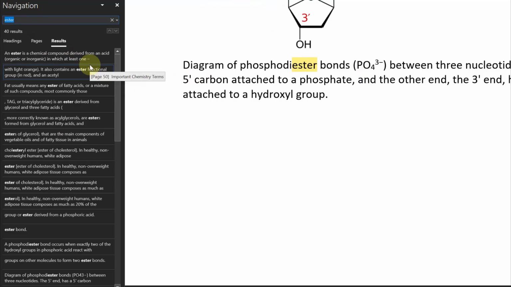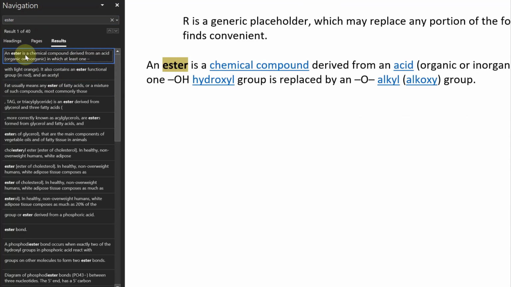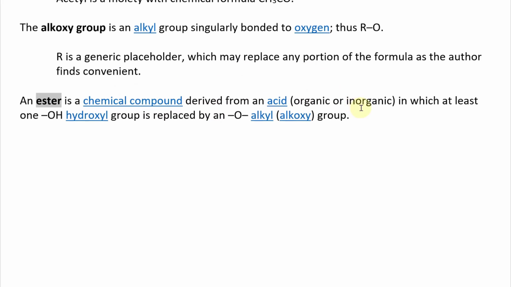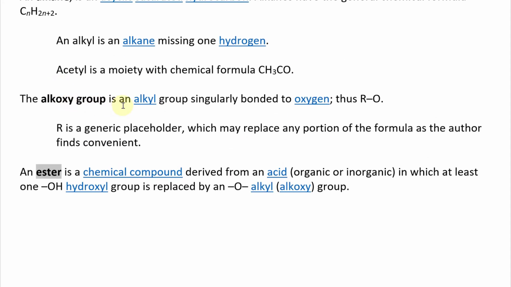That's why I highly recommend downloading it so you can go along with it and move back and forth as you wish. An ester is a chemical compound derived from an acid, organic or inorganic, in which at least one dash OH hydroxyl group is replaced by an O-alkyl or alkoxy group. And this alkoxy group is an alkyl group singularly bonded to oxygen. Thus you have R dash O.